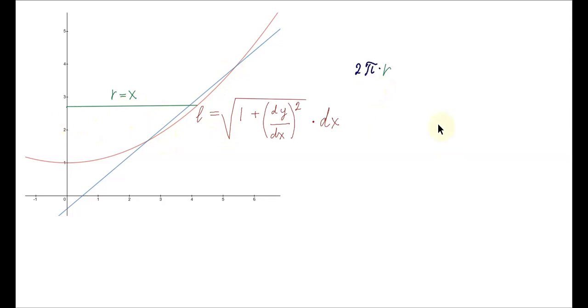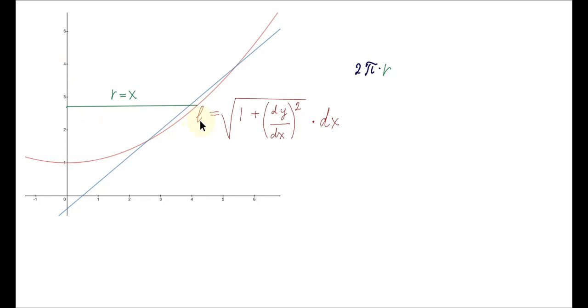Okay, so then next question, what about the surface of rotation? This red piece L, while being rotated around the y-axis, will paint some kind of surface in this space.